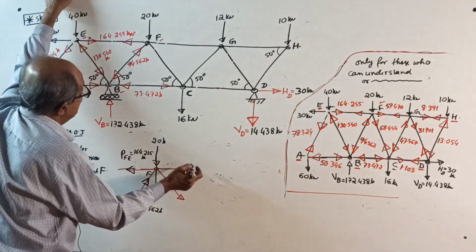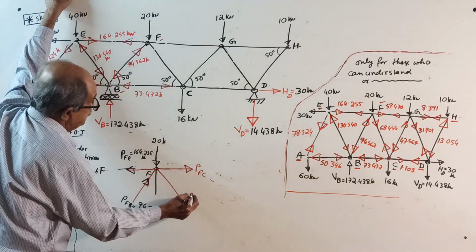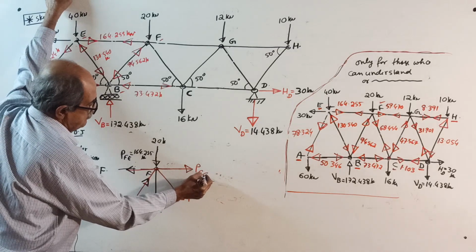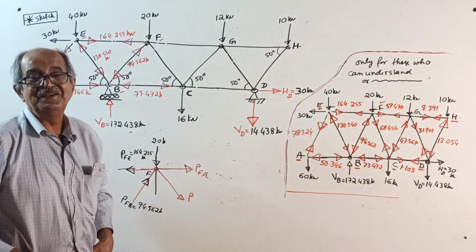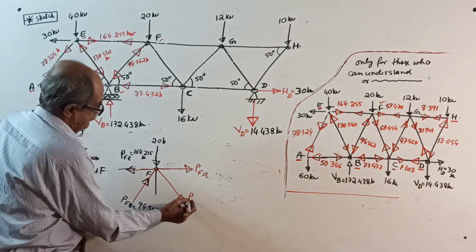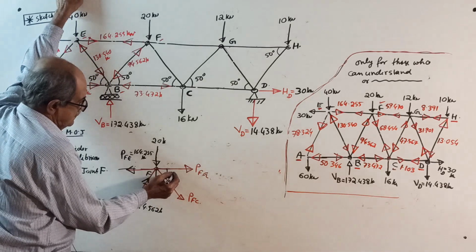This is PFC and this is PFG. See, this is the only mistake possible. ABCD problem. PFG and PFC. And this angle is 50 degrees. This also 50 degrees.